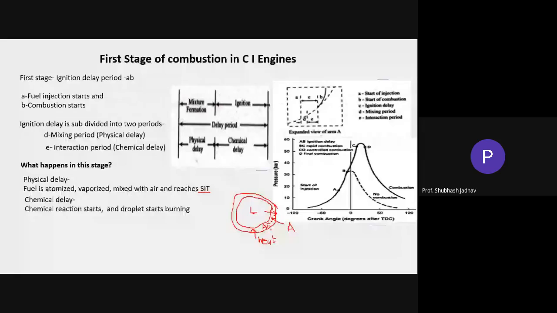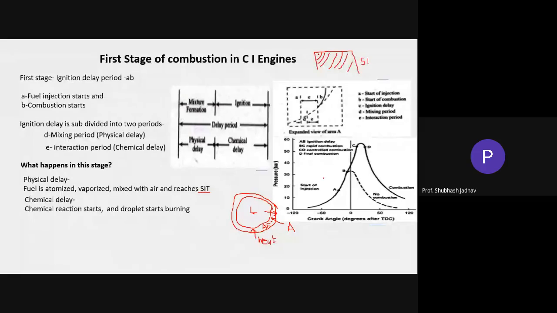Now in an SI engine, how was the flame traveling? We had a combustion chamber. Here somewhere the droplet was, the spark was ignited, and the flame was traveling like this through the combustion chamber. So this was in an SI engine. Correct?